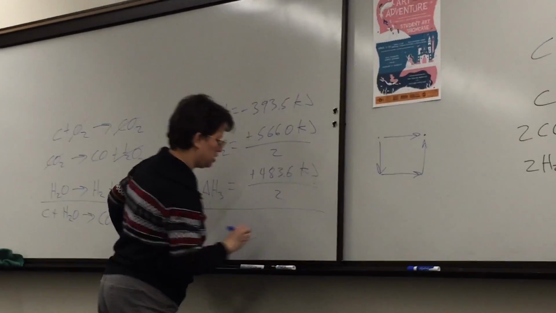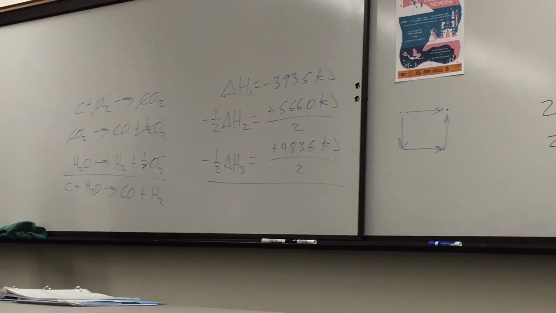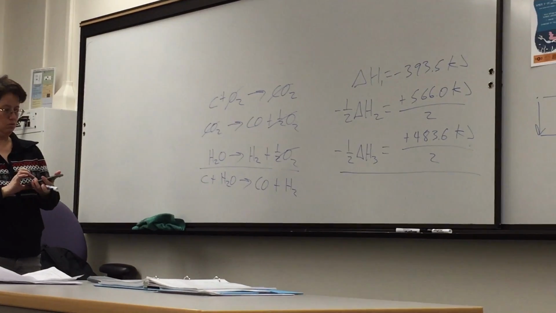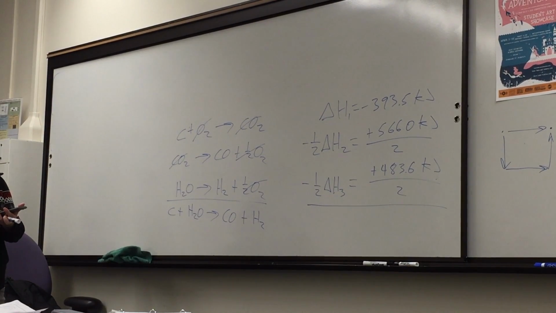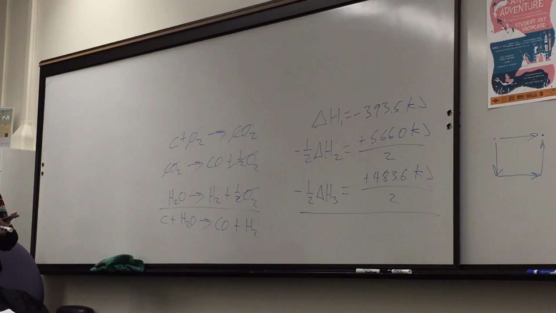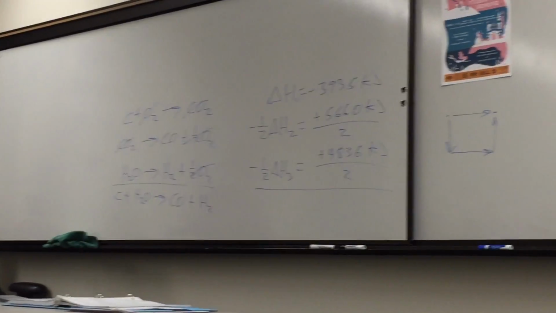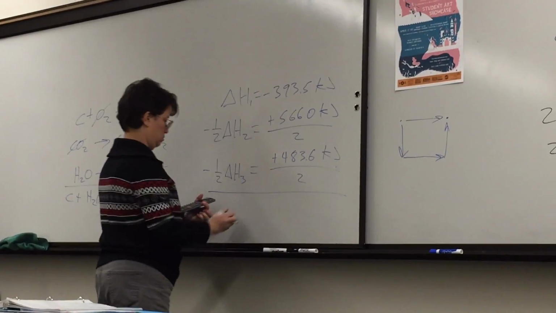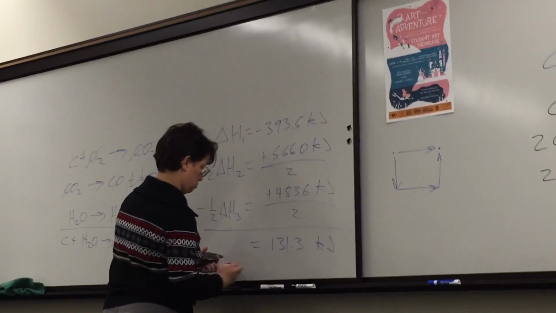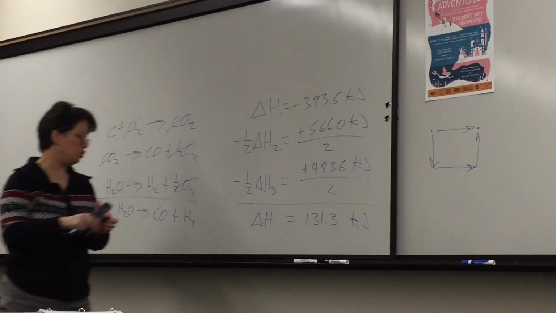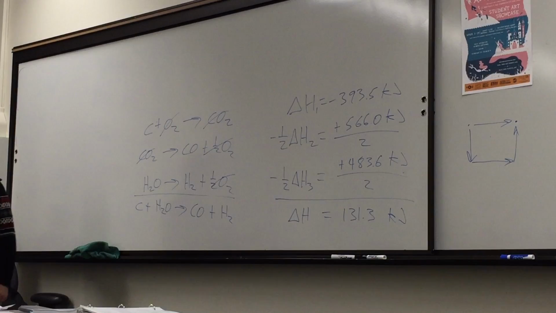So now we can add these guys together. So the delta H for the overall process is a positive 131.3 kilojoules.